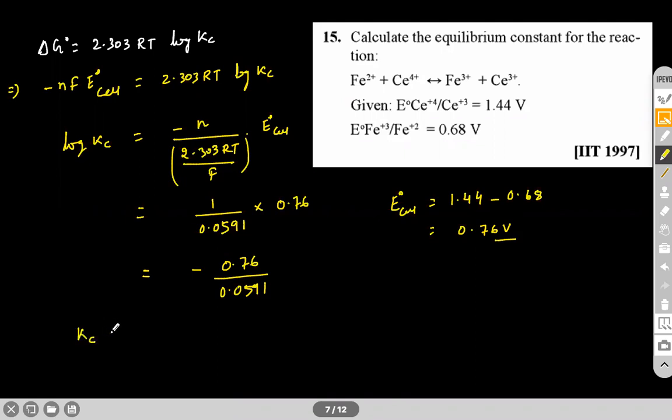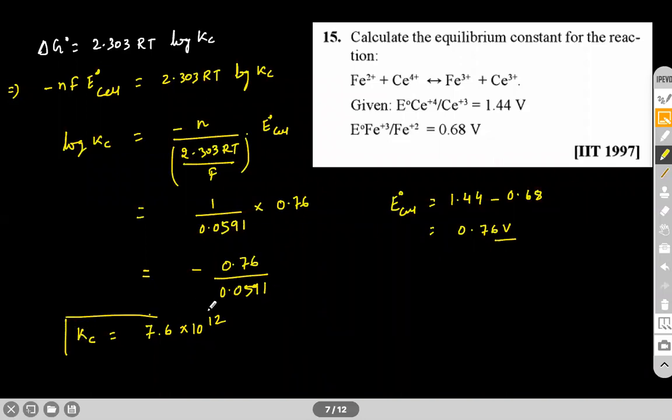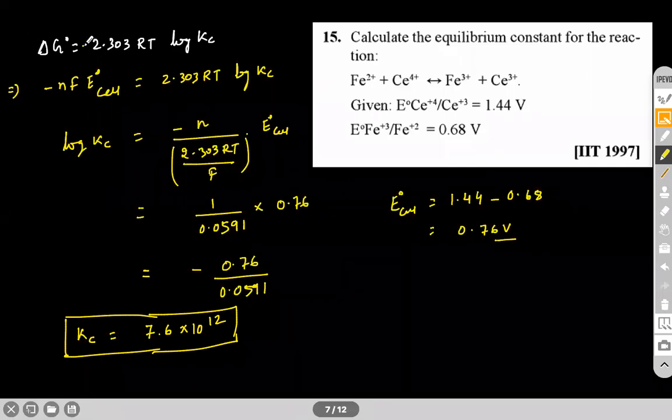Kc value is... Okay, I have missed a sign here, minus.